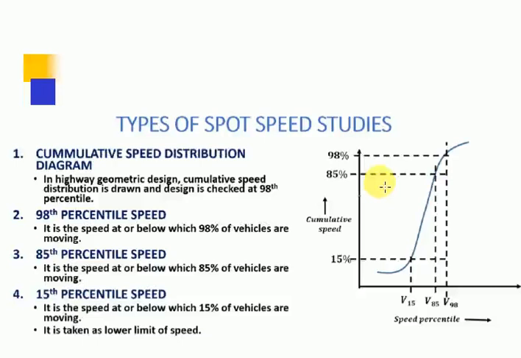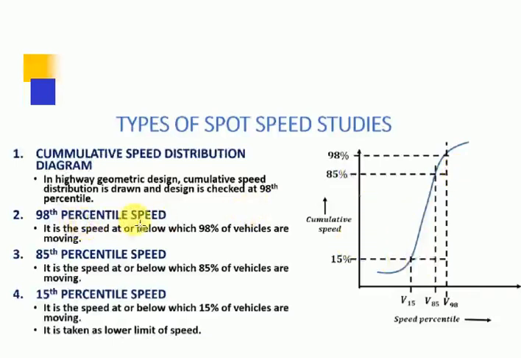Therefore, if a speed limit regulation sign is to be installed in an accident-prone location or any other critical location, like near hospitals, spot speed studies are used. The 15th percentile speed is used to establish the typical walking speed for traffic signal timing, and the 85th percentile speed is used to set the speed limit.